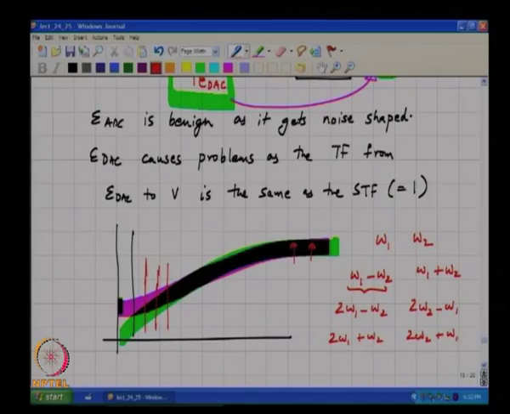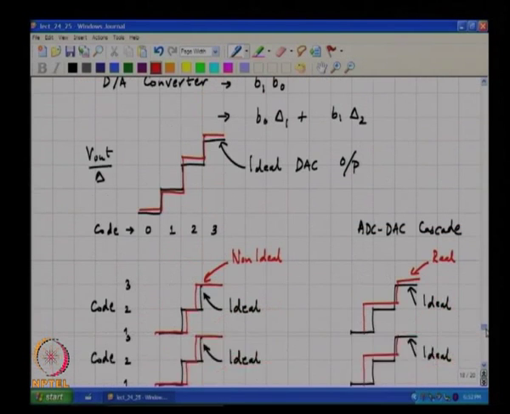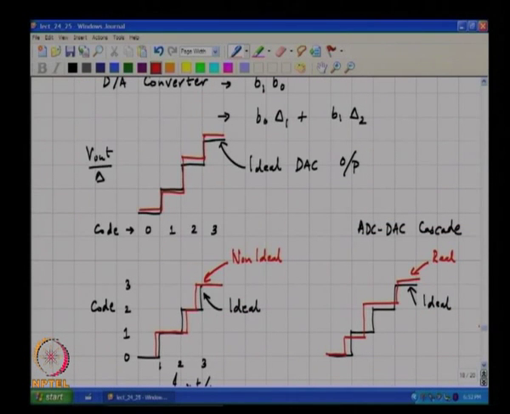Right now that is not happening. Ideally, if I join the midpoints of the staircase, I must get a straight line. Now, what is happening? I am getting some kind of weird nonlinear curve, right. So, it is doing something like that.